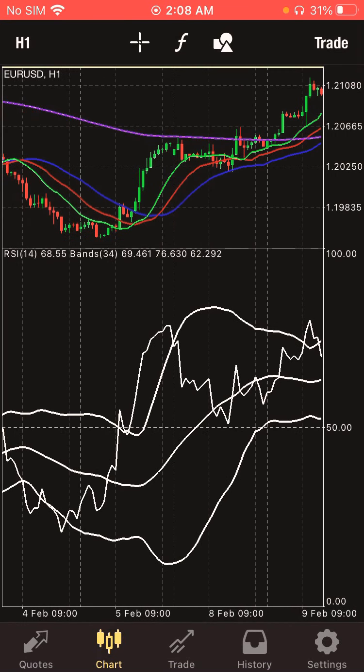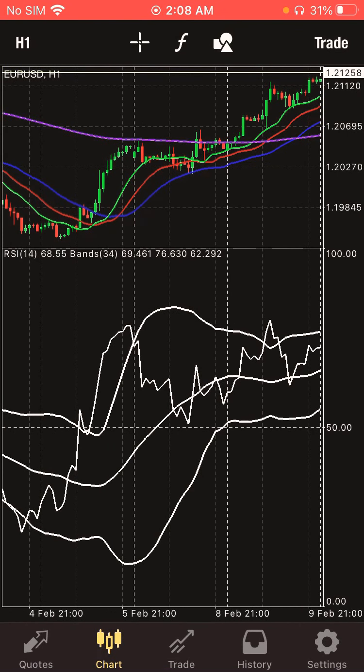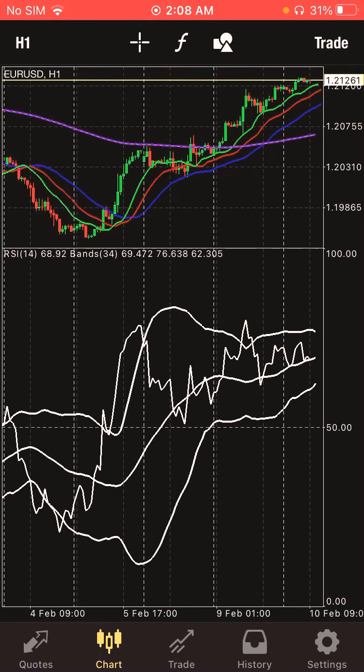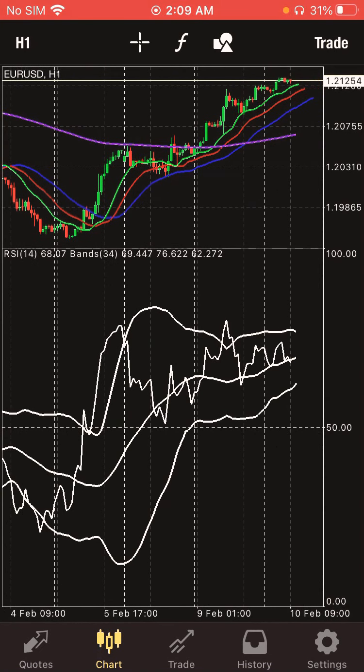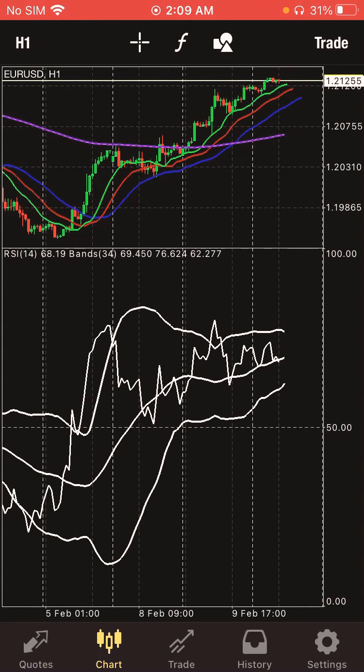But what I'm trying to say is that if these outer lines and these Bollinger Bands are very big and spread apart, we know that price is going to do a lot of things. Price is going to go up to come down and go up and come down.